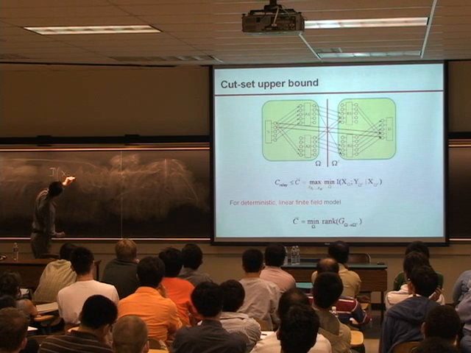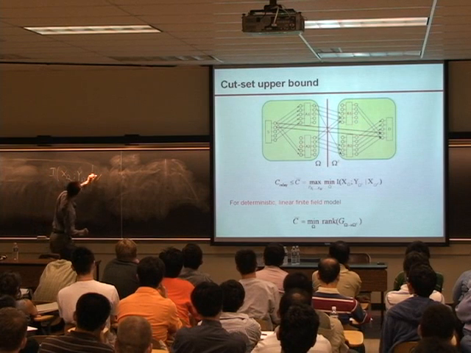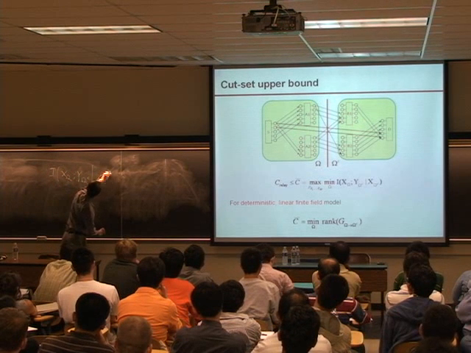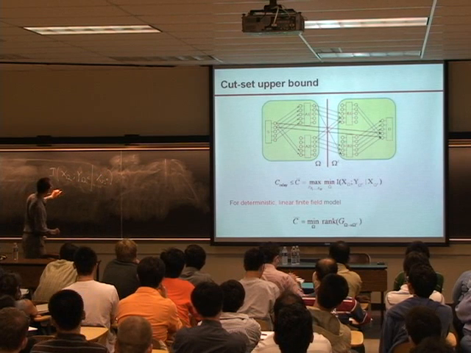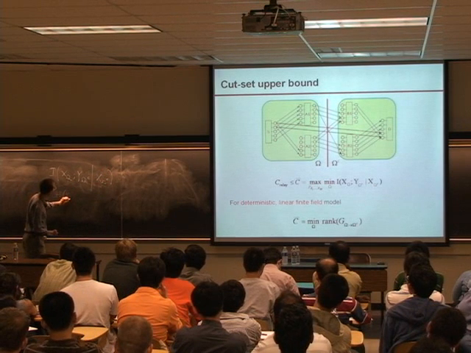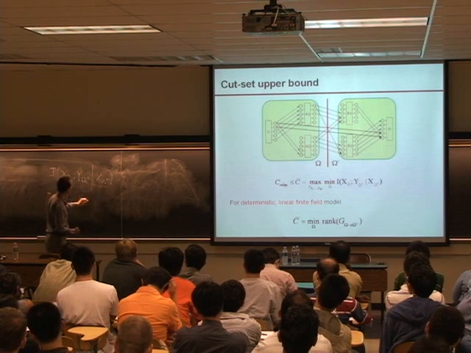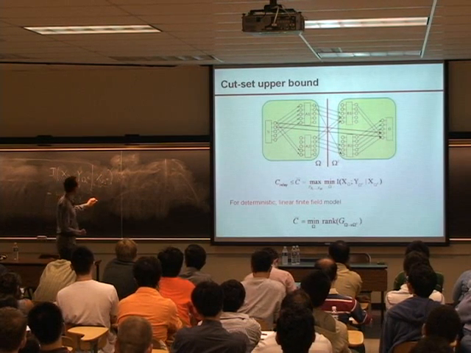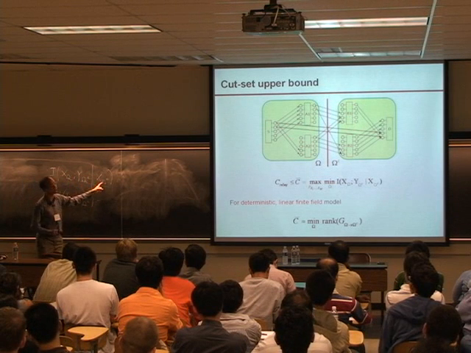Can anyone tell me what the mutual information is? This is equal to the entropy of the output given the X omega complement, right? Minus the entropy of the output given X omega and X omega complement.